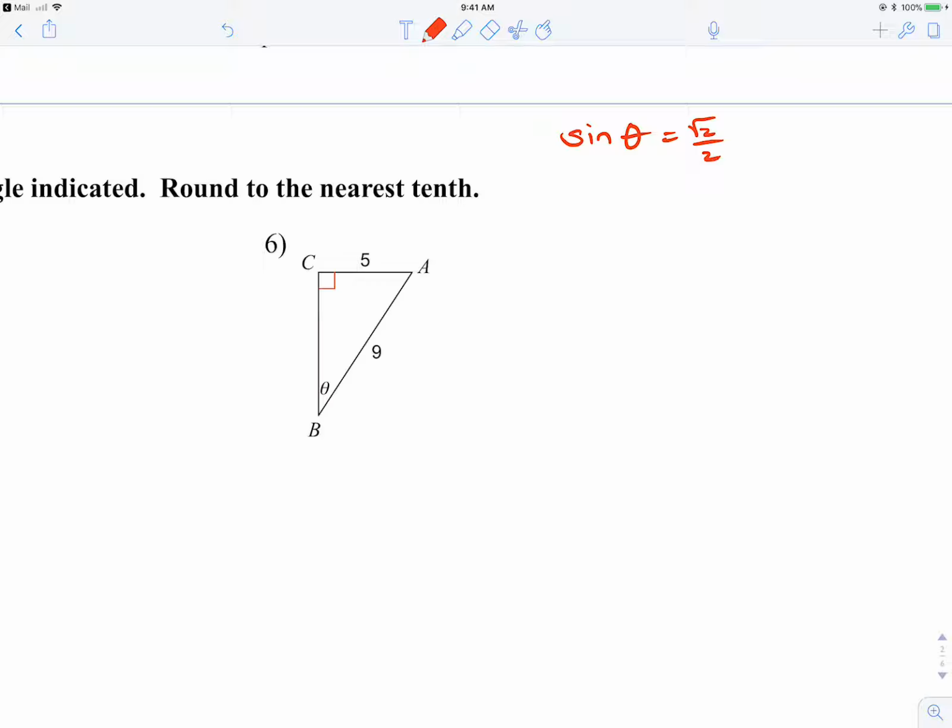But let's say that we didn't know or recognize that that's a ratio on the unit circle, and we wanted to solve for an angle theta that would make this a true statement. So what we could do is to take the inverse sine of each side of the equation.